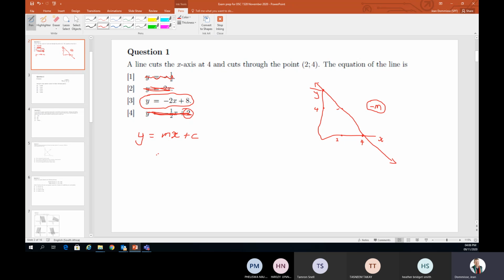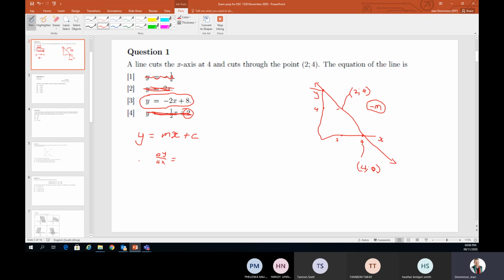The slope is normally the change in y divided by the change in x. In this instance, they said that point was 2 and 4, and this point was 4 and 0.